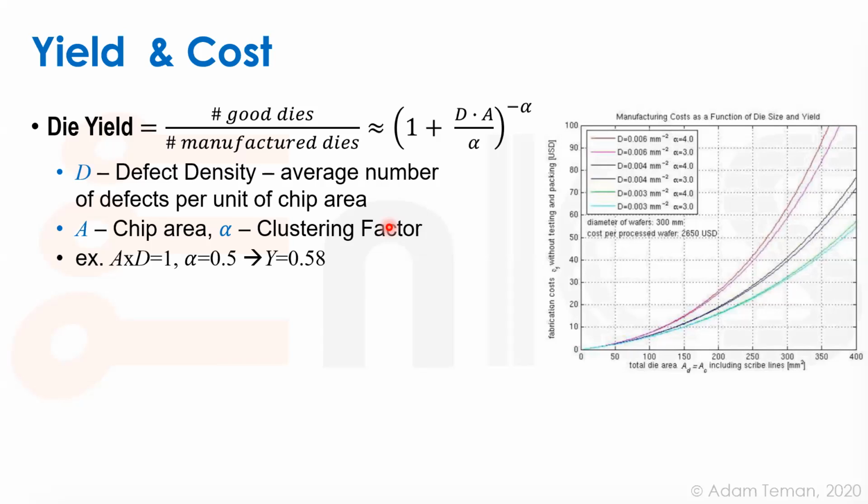But it depends on the chip area, of course, because as I said, the defect density is something that's a constant per process, at least at whatever point of its life it is.